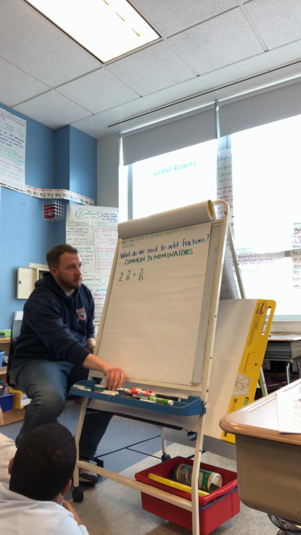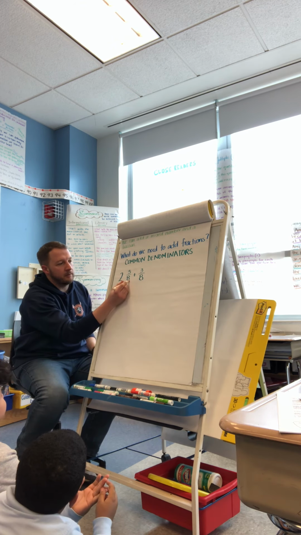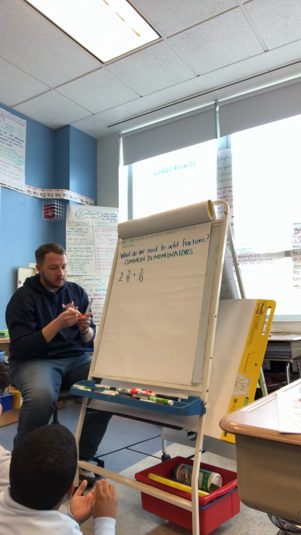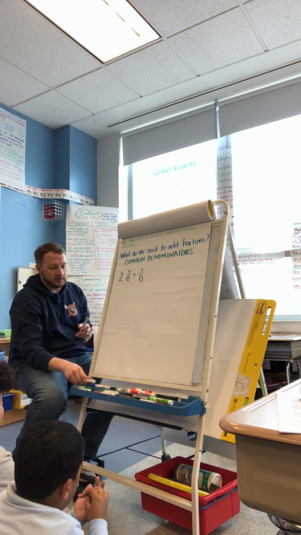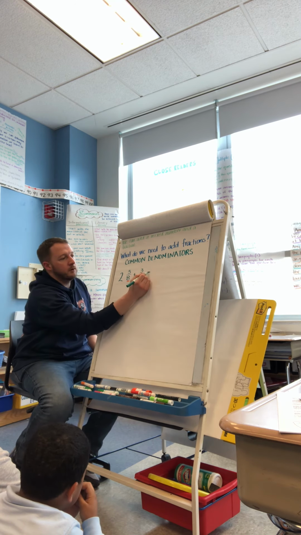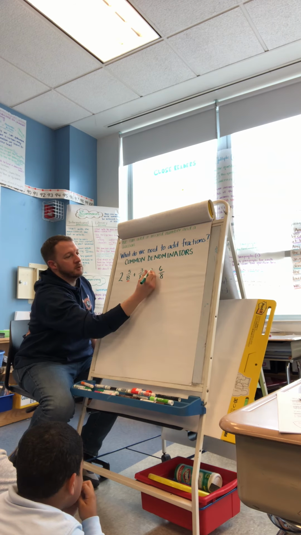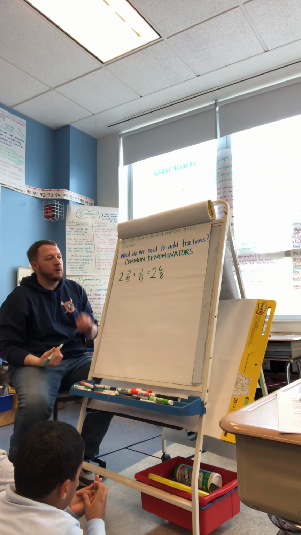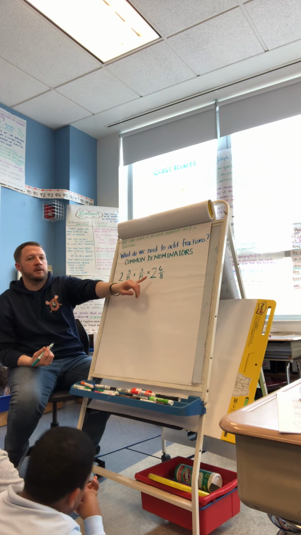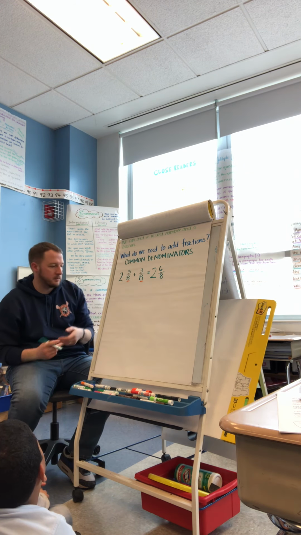So if you do your denominator check, obviously here we have 8 and 8, so we can add our numerators now. If we add our numerators, it is 6/8. So you have to make sure that you also bring over the 2. So 2 3/8 plus 3/8 is 2 6/8.